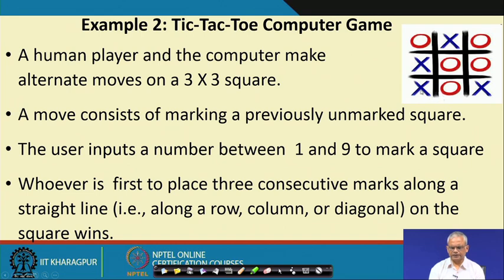Let us say the player marks, let us say by this red 0 and the computer makes let us say cross. So, the player mark is square here and then the computer will mark something. In response to that, the user will mark another square and so on.